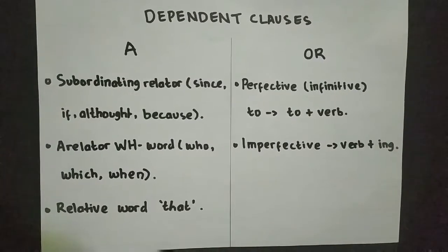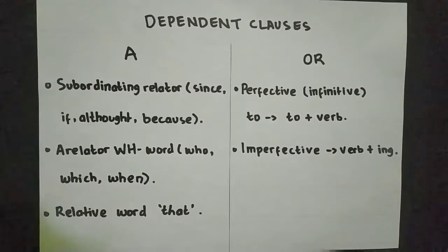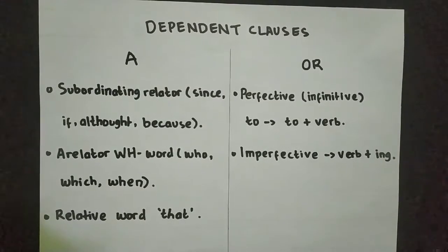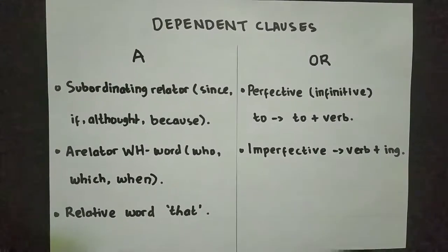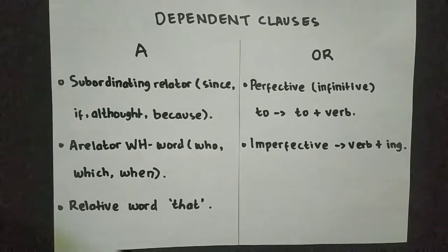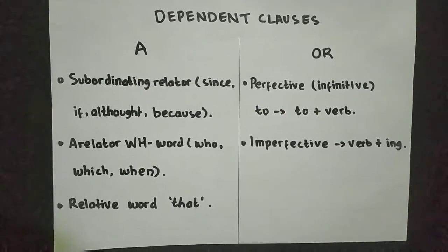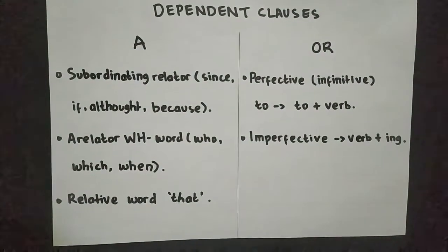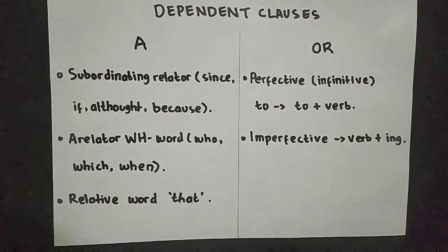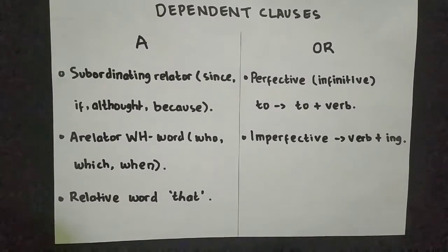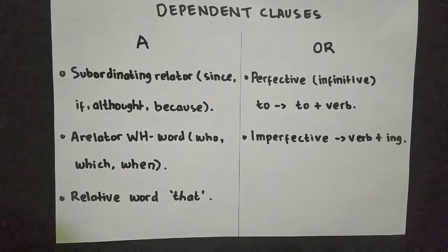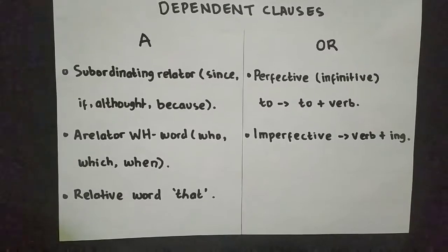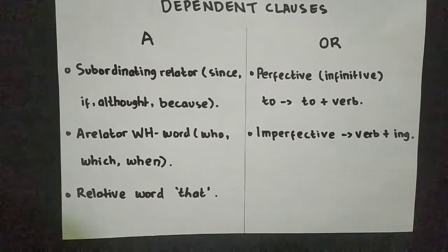Dependent clause. A dependent clause must either be initiated by a subordinating relator such as since, if, although, because, and so on. The second, a relator WH word such as who, which, when. And the third, the relative word that.